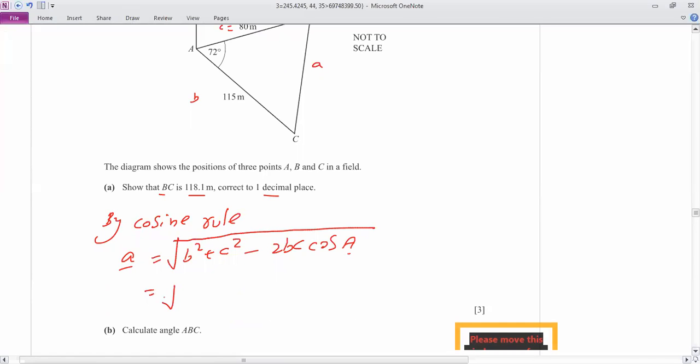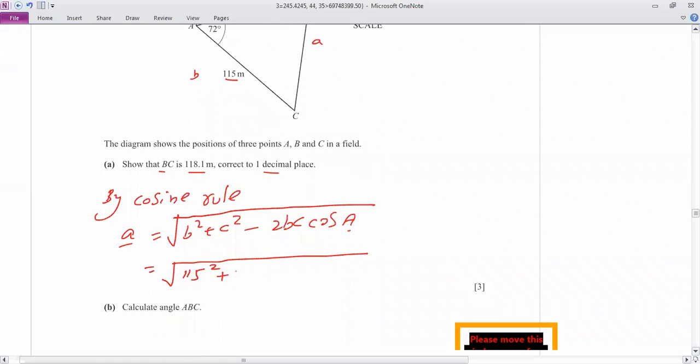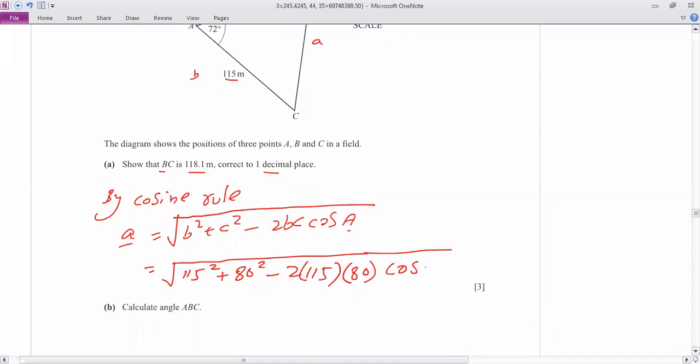Put the values. What is B? B is 115 meter. 115 square plus C. What is C? C is 80 meter. Minus 2 into B, which is 115, into C, which is 80. And then cos of A, angle A is 72 degrees.